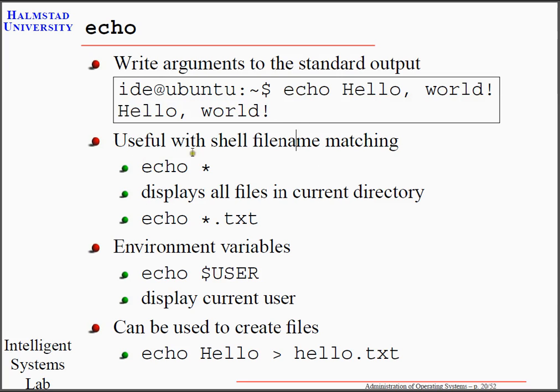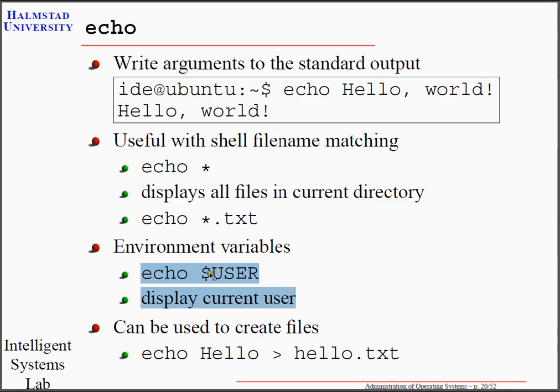You can use it together with shell file name matching, so you can do echo * or echo *.txt to get some kind of useful results, but it's mostly interesting when you combine it with some more advanced features of the shell. So in a second I will talk about how echo is useful together with environment variables, and then later we will look at redirection.